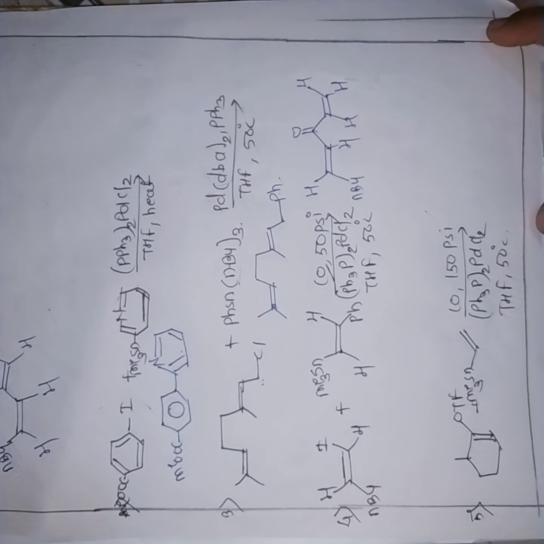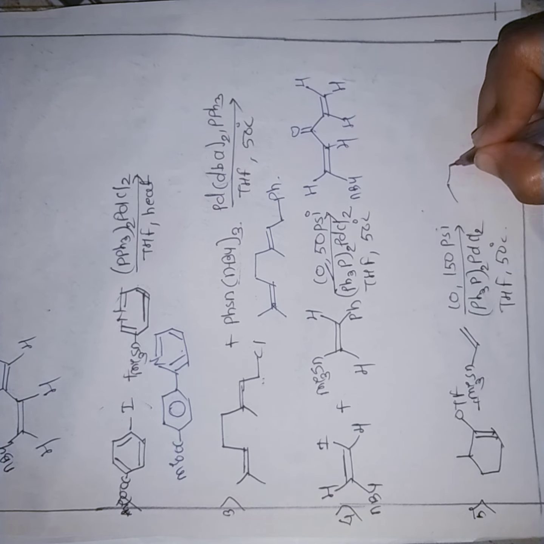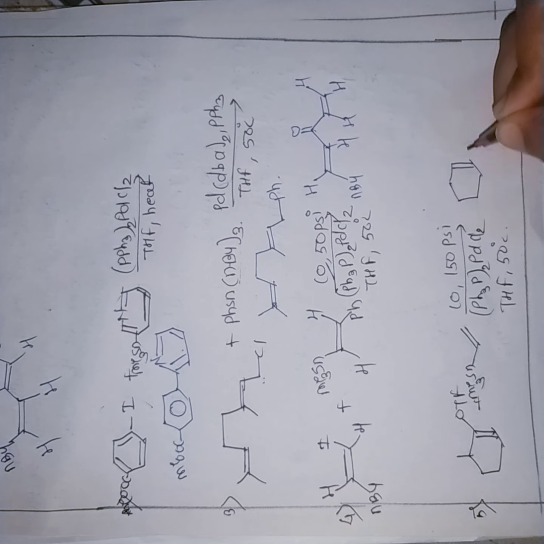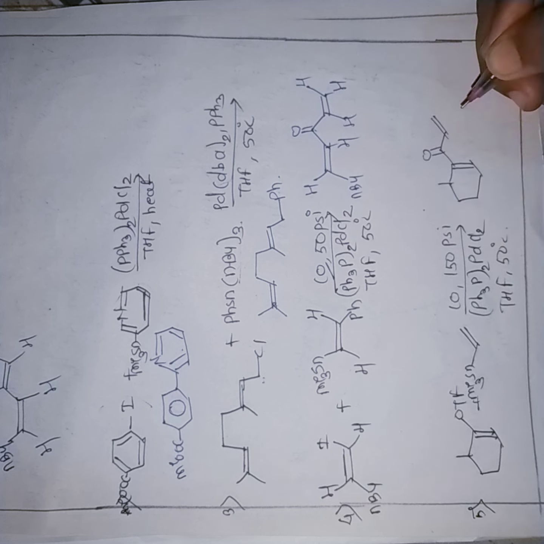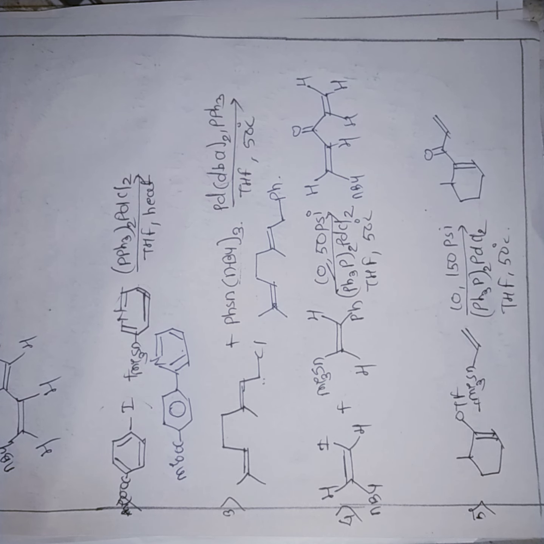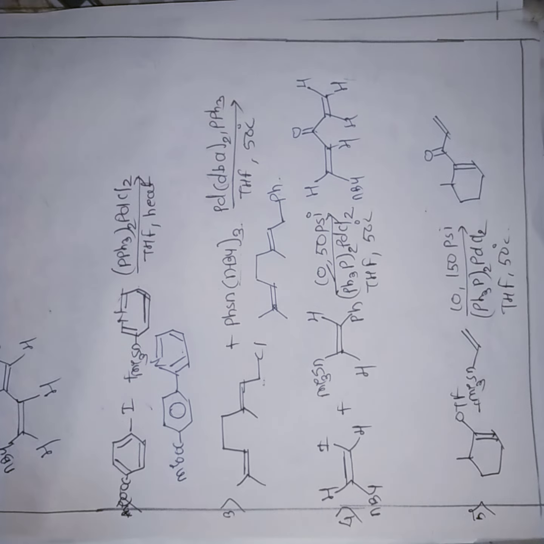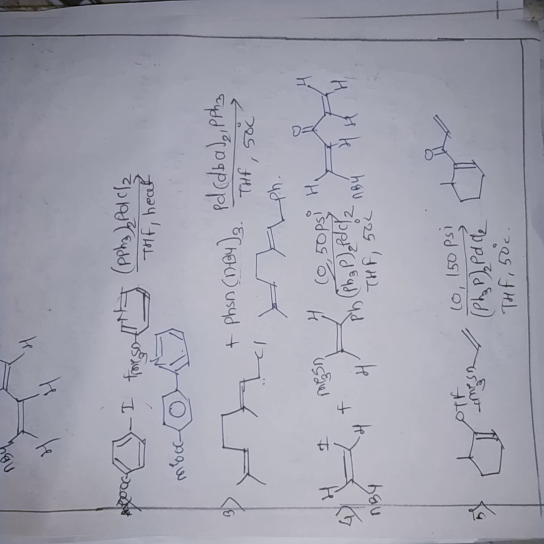Now the fifth one is similar to the fourth one. Means a carbonyl group is inserted between R1 and R2. Basically what we have to do is the formation of a carbon-carbon single bond between R1 and R2.